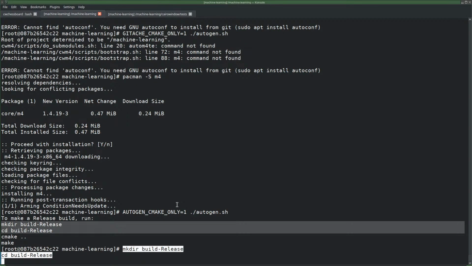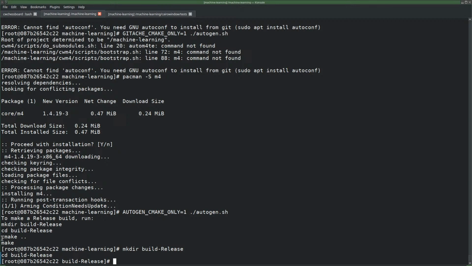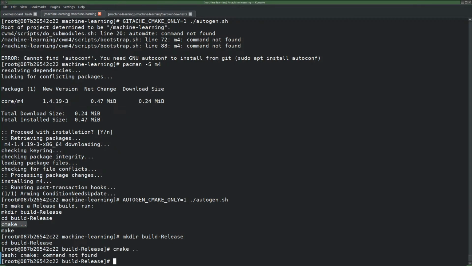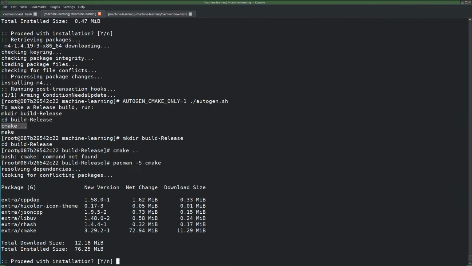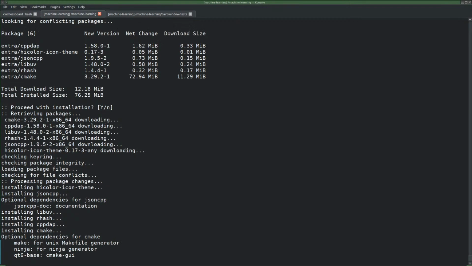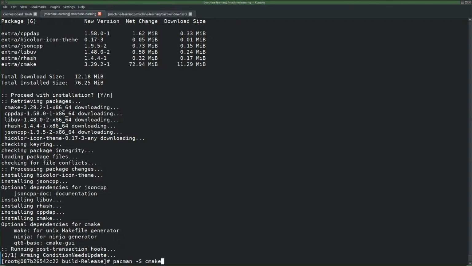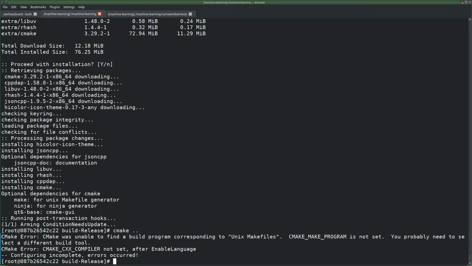Let's try that. Because it tells us. Yeah, some root. CMake's unable to find a build program corresponding to Unix Makefiles.